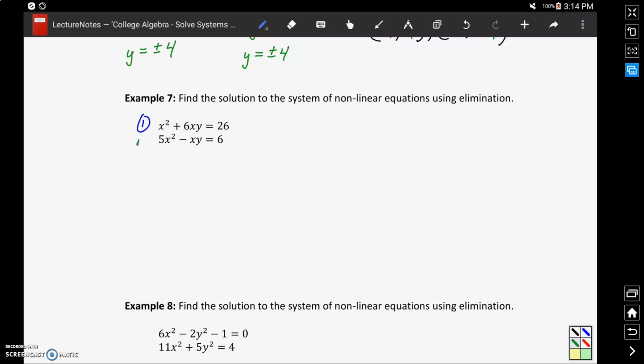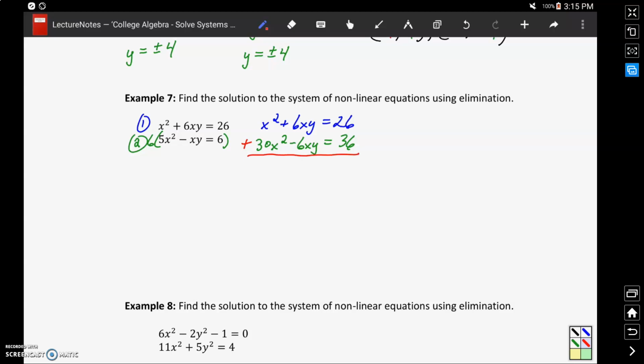Similarly, in example 7, we can start off by multiplying our second equation by 6, which will give us x squared plus 6xy is equal to 26. Actually, that first equation remains completely unchanged, but our second equation becomes 30x squared minus 6xy is equal to 36.